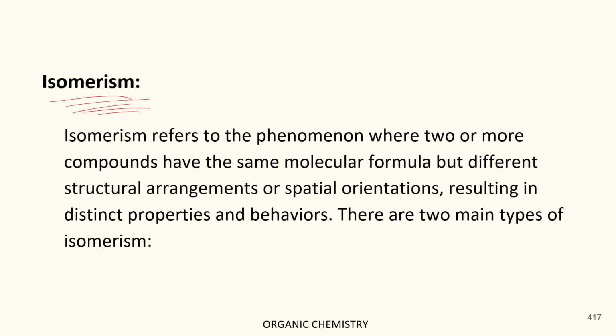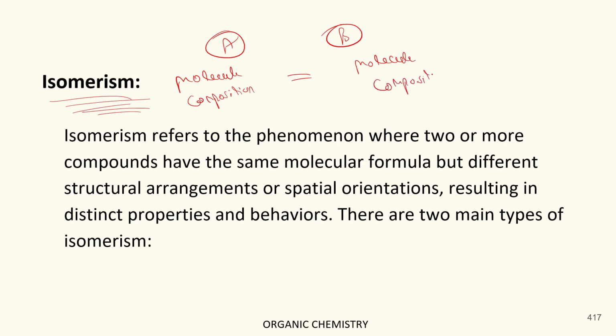What do you mean by isomerism? Isomerism refers to the phenomenon where two or more compounds have the same molecular formula, like A and B having the same molecular formula, meaning the molecular composition of this will be equal to the molecular composition of this one, but different structural arrangements or spatial orientations.